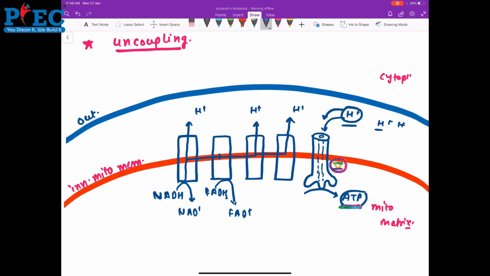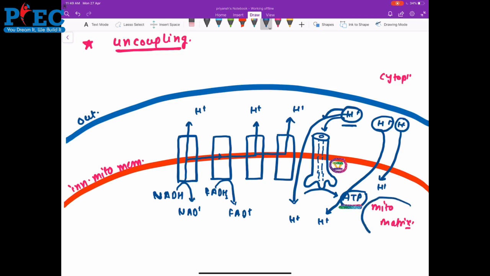Now if I say that these hydrogen ions which have accumulated here do not come via complex 5, and instead leak out to the mitochondrial matrix via somewhere other than complex 5, then the fan will not move. If the fan does not move, ATP will not be generated, because ATP was generated as the hydrogen ions were coming via the tunnel and the fan was moving.